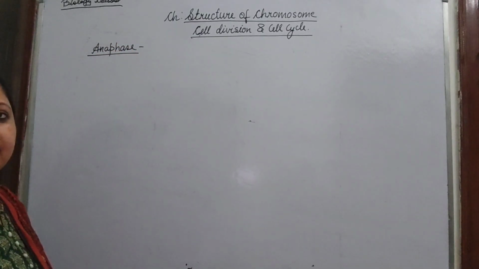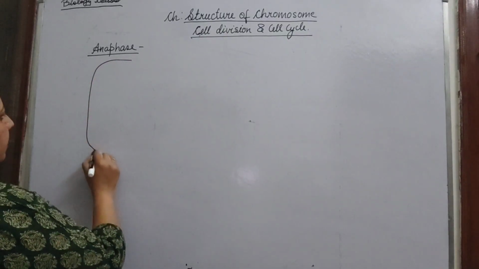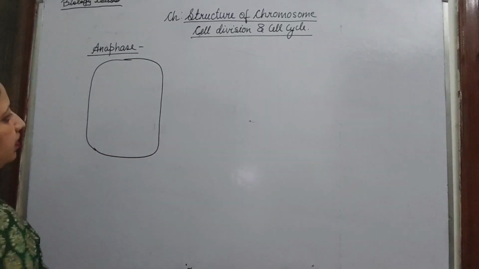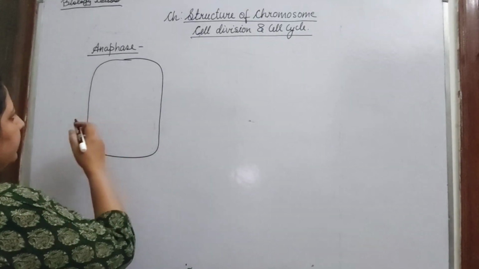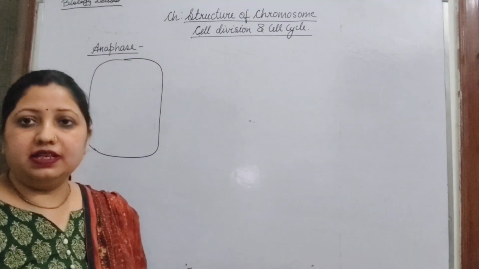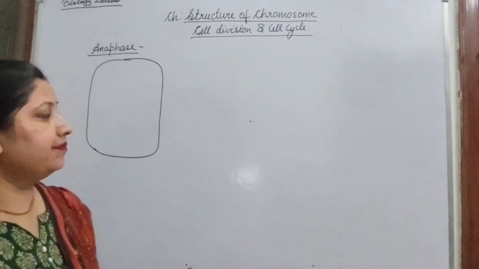Anaphase. In the anaphase, the cell shows the following changes. In the metaphase, as we discussed, all the chromosomes come on the equatorial line.